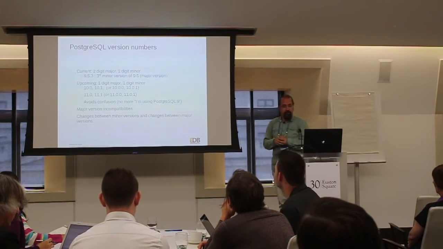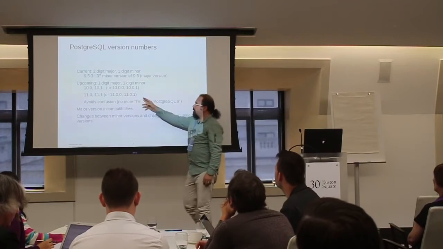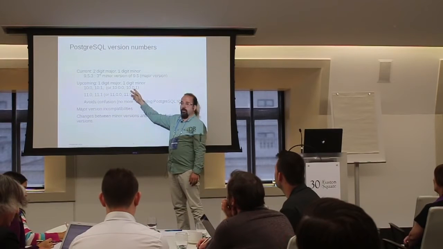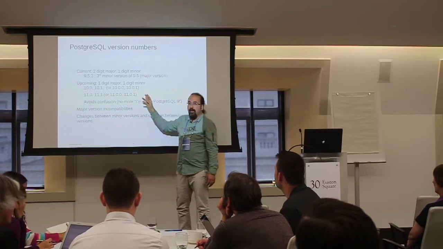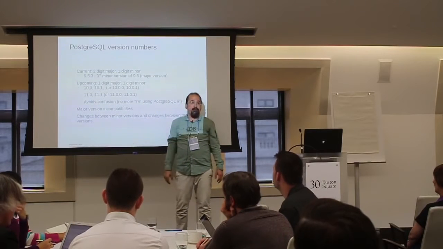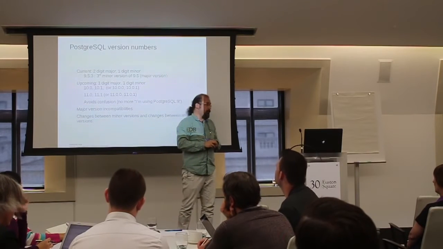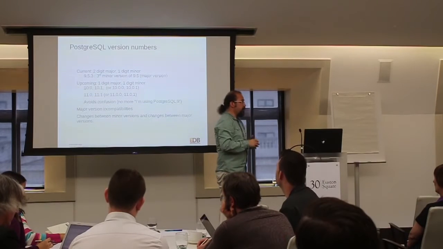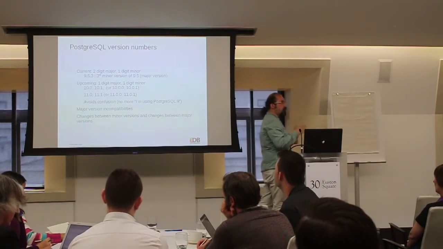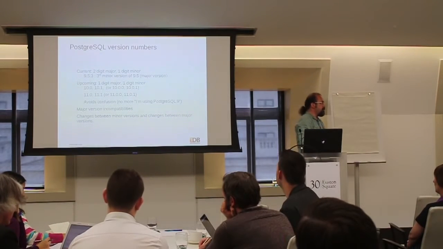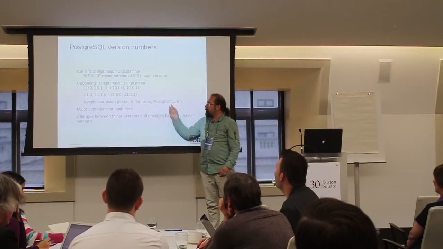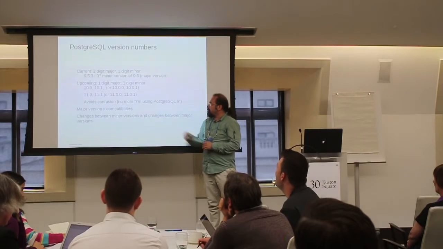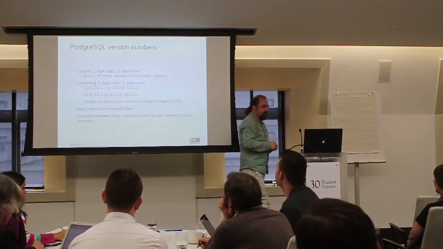Or we may have 10.0.0 or 10.0.1. We haven't decided yet. But it's changing. Eventually, now we will be able to say, I'm using Postgres 10, or 11, or 12. So no more 2 version numbers. But the actual numbering hasn't been decided yet. And so yeah, we are trying to avoid this.